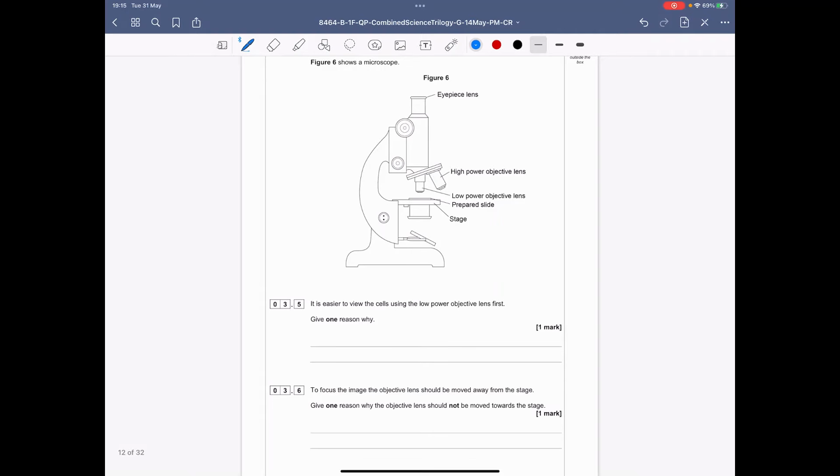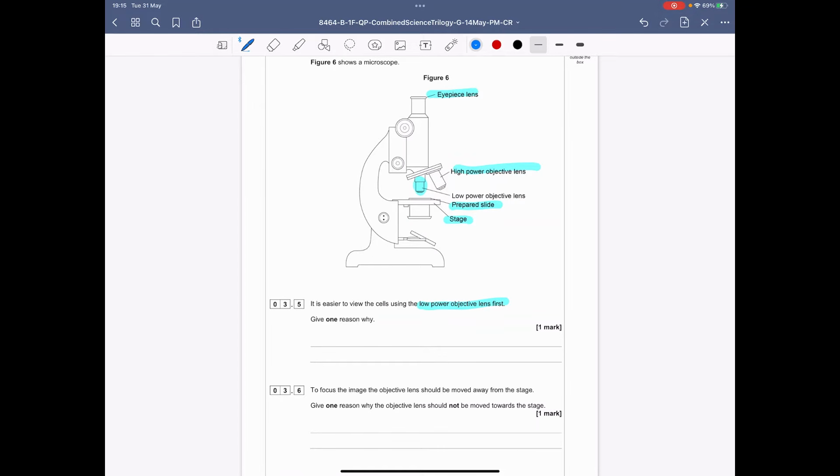Figure 6 then shows a microscope. You've got the eyepiece lens, you've got the objective lenses, you've got a stage, and you've got the prepared slide. Question 3.5 says it is easier to view cells using the low-powered objective lens first. So you can see they've started with the smaller one. Give one reason why.